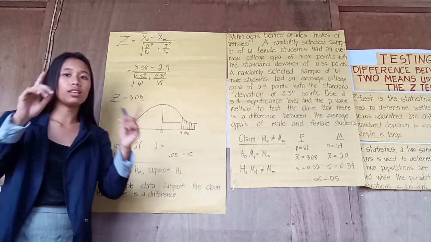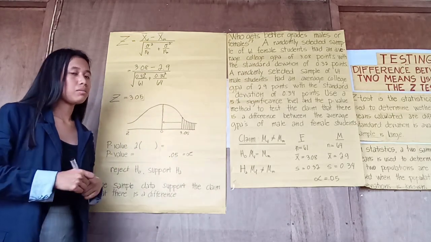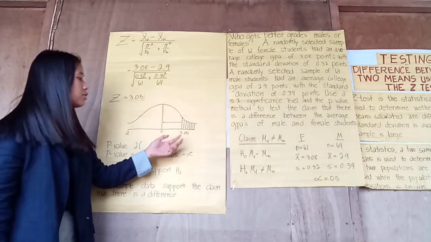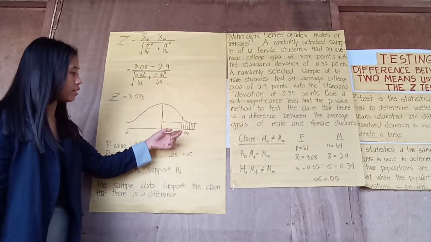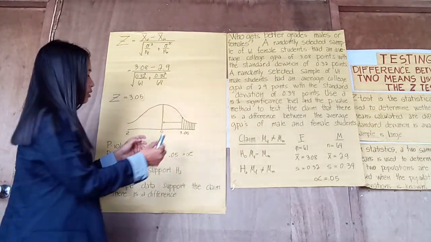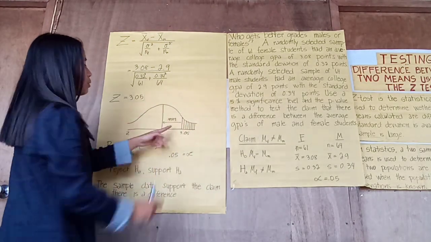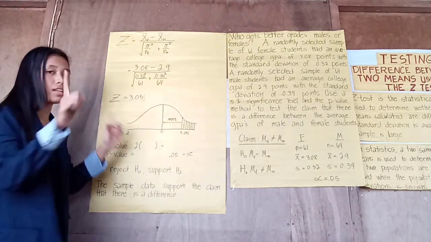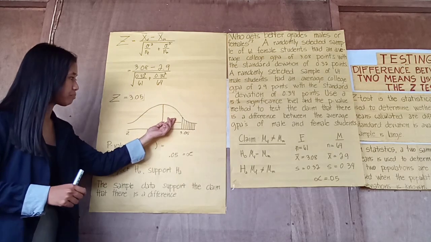So as you look at the Z table, the value for the area at 3.05 is 0.4989. Makita dito sa Z table.